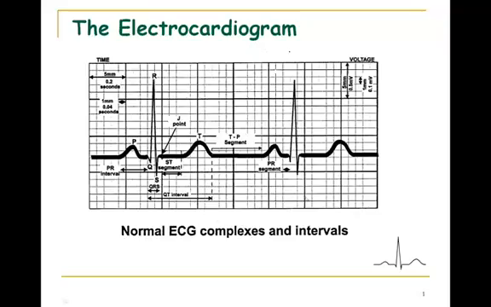What you're going to observe is we have waveforms. Waveforms are deflections, say positive or negative deflections. We have segments, which are areas between waveforms, and we have intervals, which include waveforms and areas where we have no current flowing.